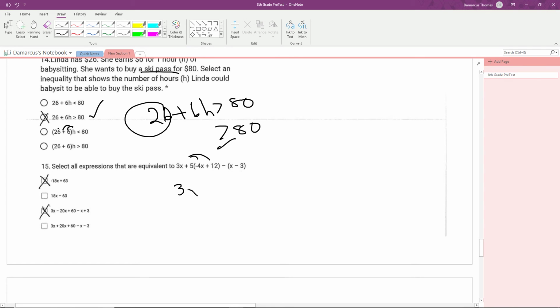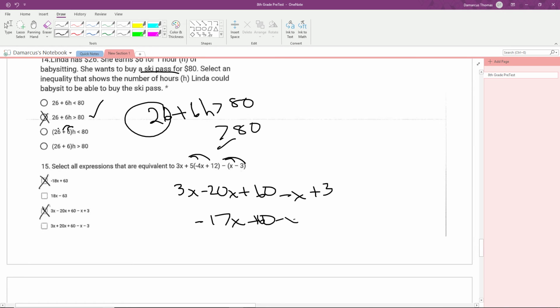So we have 3x, and then distribute that 5 minus 20x plus 60. Distribute the minus sign. So we got minus x plus 3. And now let's combine like terms. Negative 17x plus 60 minus x plus 3. And now what are we getting?